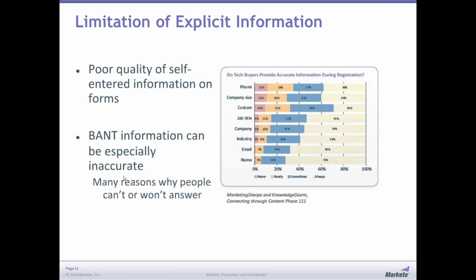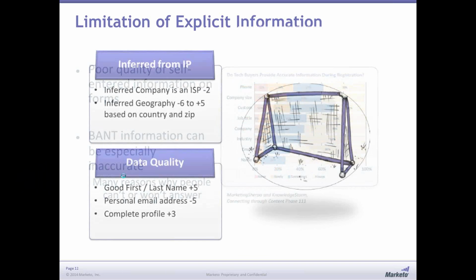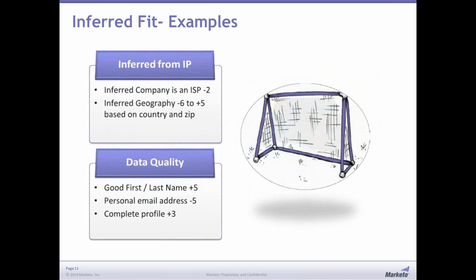However, we can overcome this limitation because we still get a lot of information that Marketo captures for us. This is where we can get a lot of information from: the inferred information that Marketo captures when anybody comes to our website, opens an email, or does anything in a digital footprint.